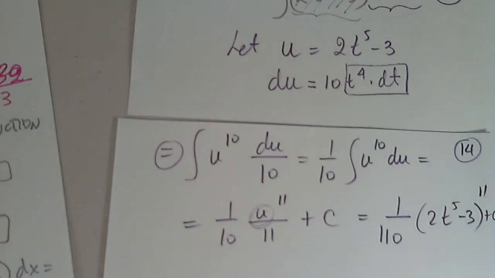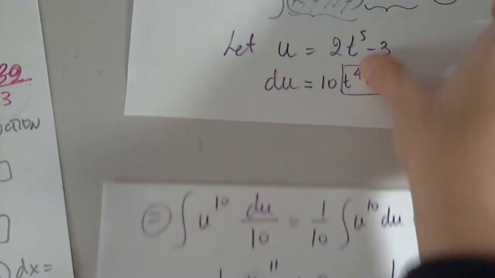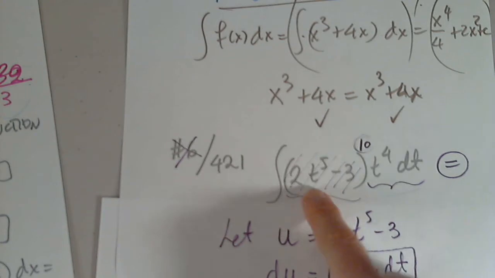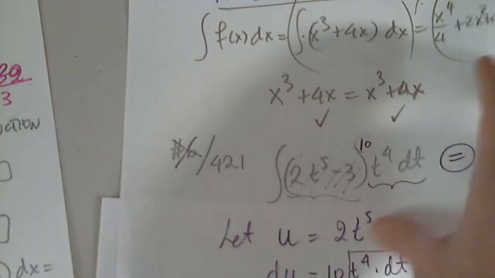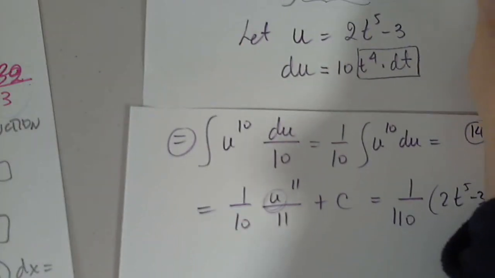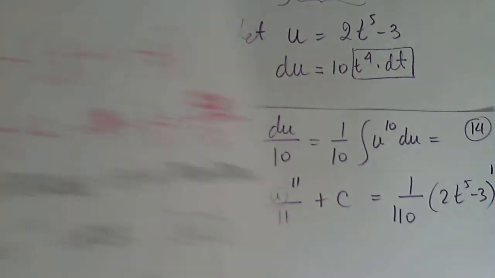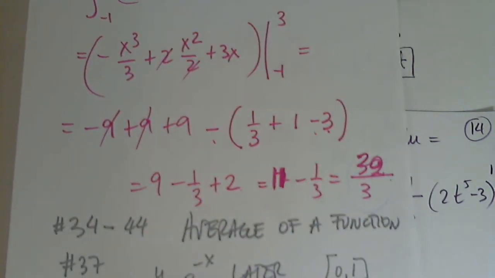And you can say, show me that it works. If I differentiate this, I have to get this. It's guaranteed to get this: 2t to the 5th minus 3 to the 10th, t to the 4th.